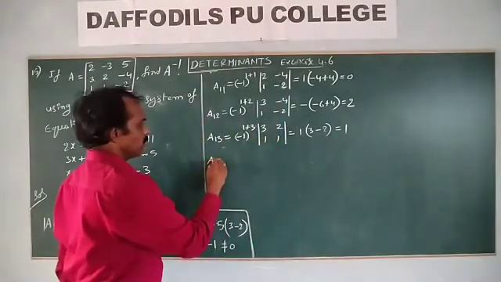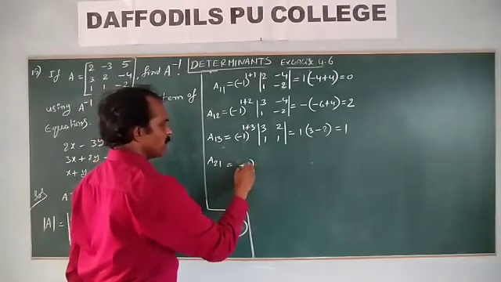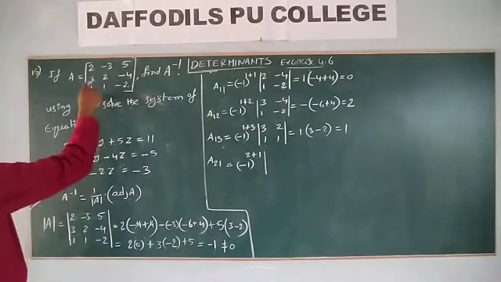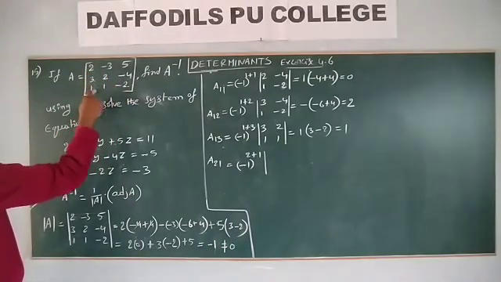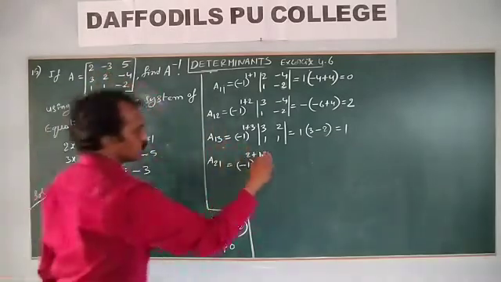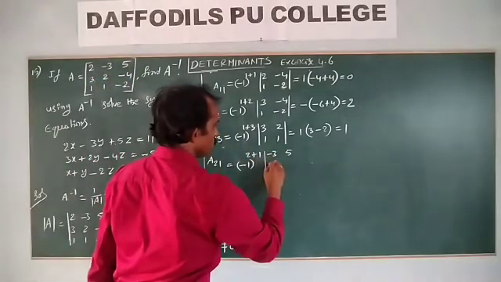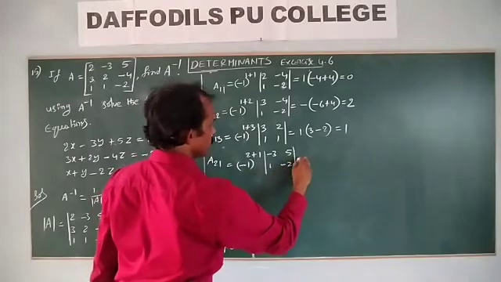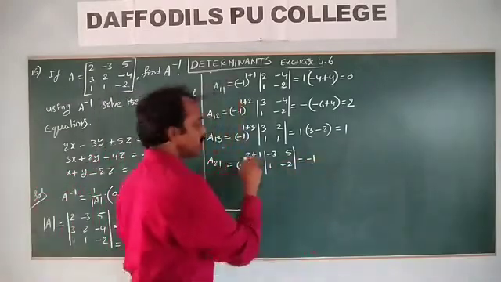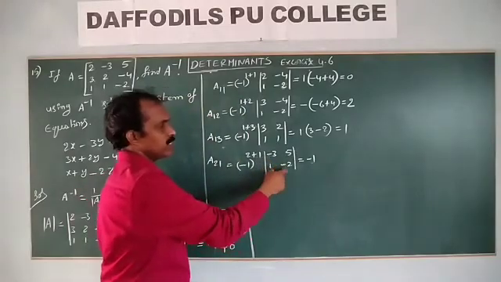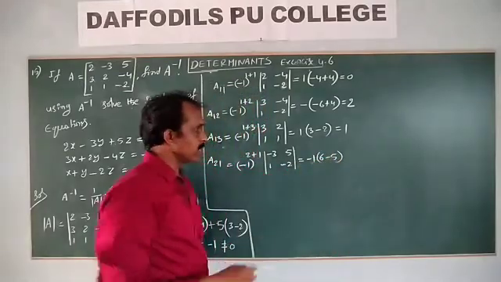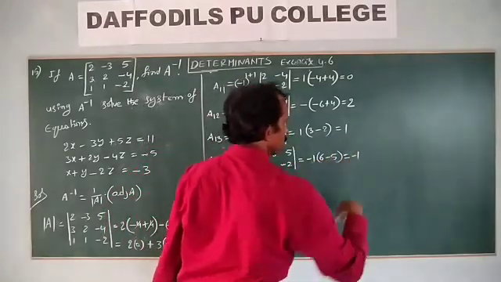Next, A21 means minus 1 to the power of 2 plus 1 times its minor. Deleting this row and this column, remaining minus 3 5, 1 minus 2. Minus 1 to the power of 2 plus 1 is odd, so minus of minus 3 into minus 2 which is 6, minus 5, giving 6 minus 5, 1 into minus 1, which is minus 1.